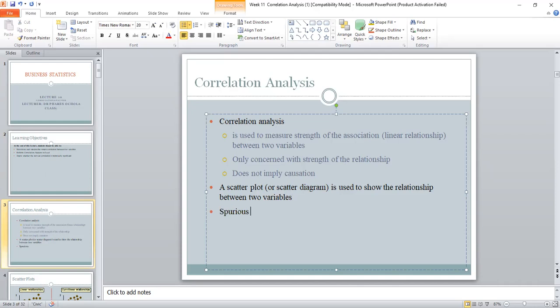Two variables X and Y are said to be spuriously correlated if they have no relationship. This is one of the most important types of correlation in predictive statistics, if not the most. But all of them have their value.